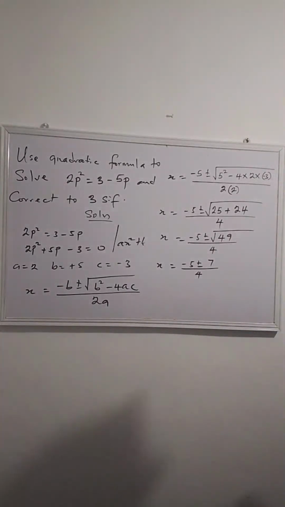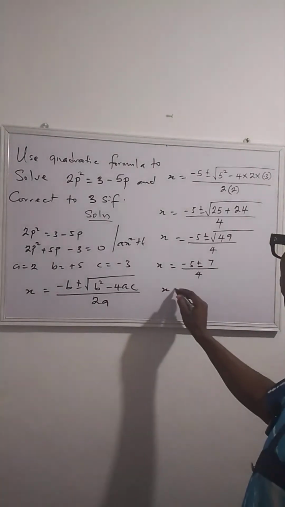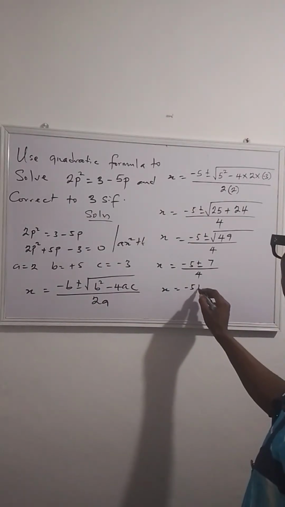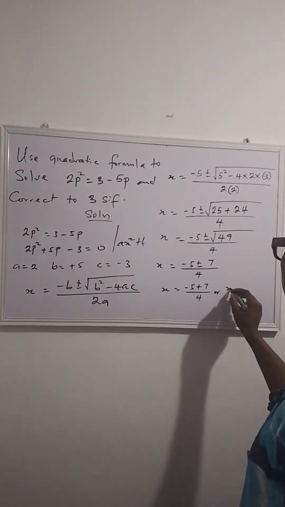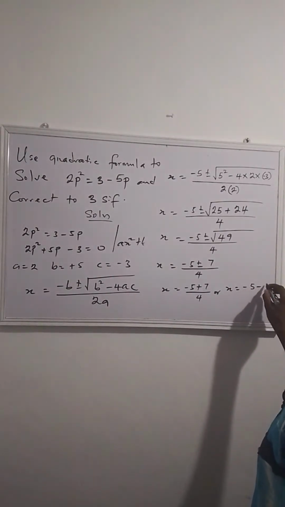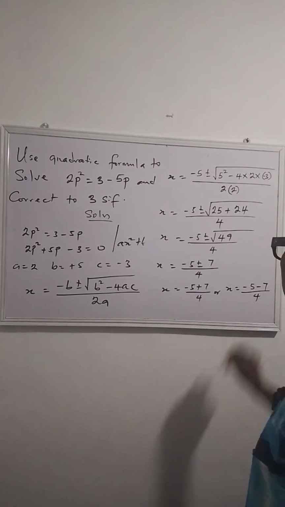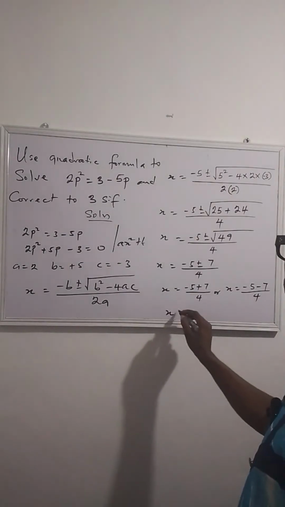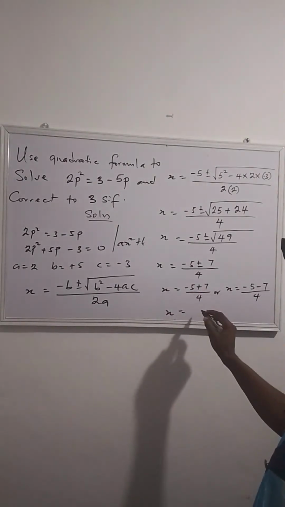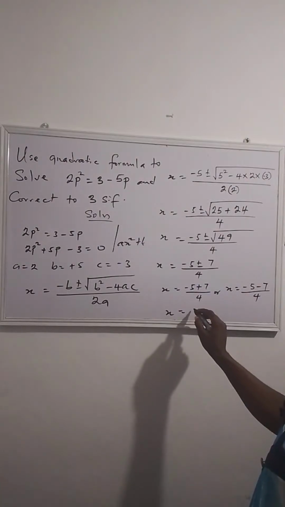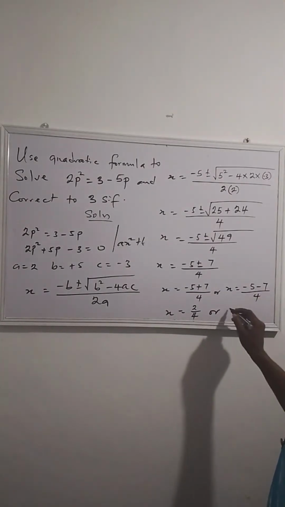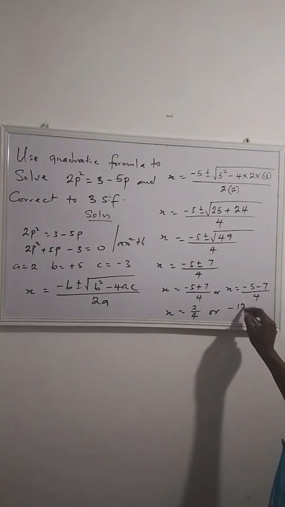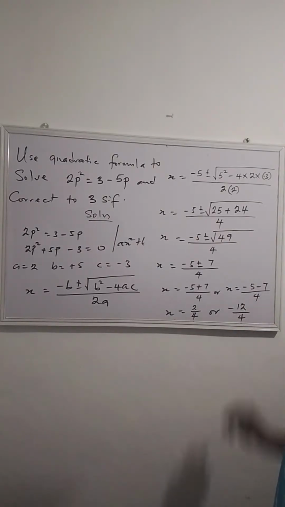So now you have x equals minus 5 plus 7 over 4, or x equals minus 5 minus 7 over 4. So this gives you 2 over 4, or minus 12 over 4.